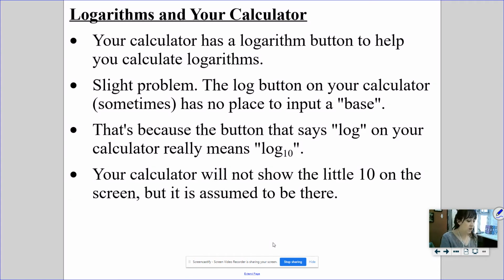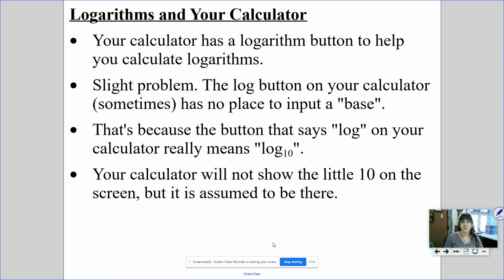In a graphing calculator, there's also a log button, but I think you have to hit math to get to that option. Maybe it is on the keypad too, I'm not sure. Here's the catch though. The log button on your calculator most of the time does not have the option to change the base, because it is already programmed to be log base 10, okay?